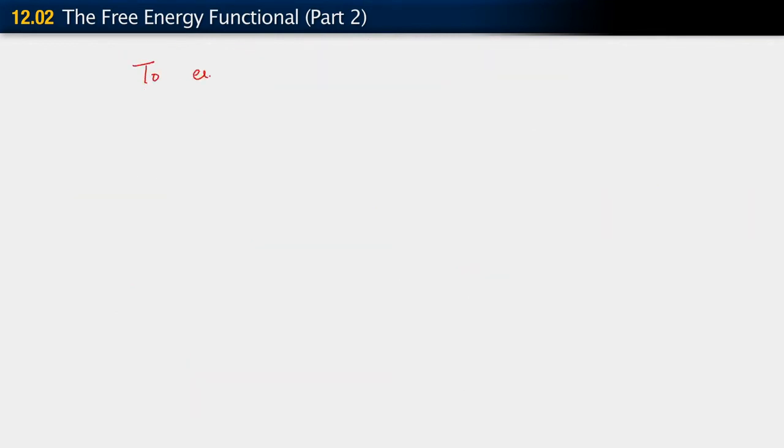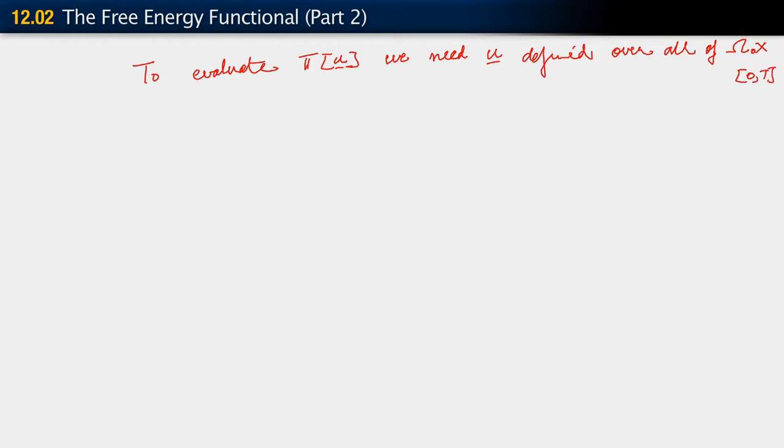What this means is that to evaluate pi, we need u defined over all of omega naught, and maybe omega naught cross the interval 0 to t, if you're interested in time as well.